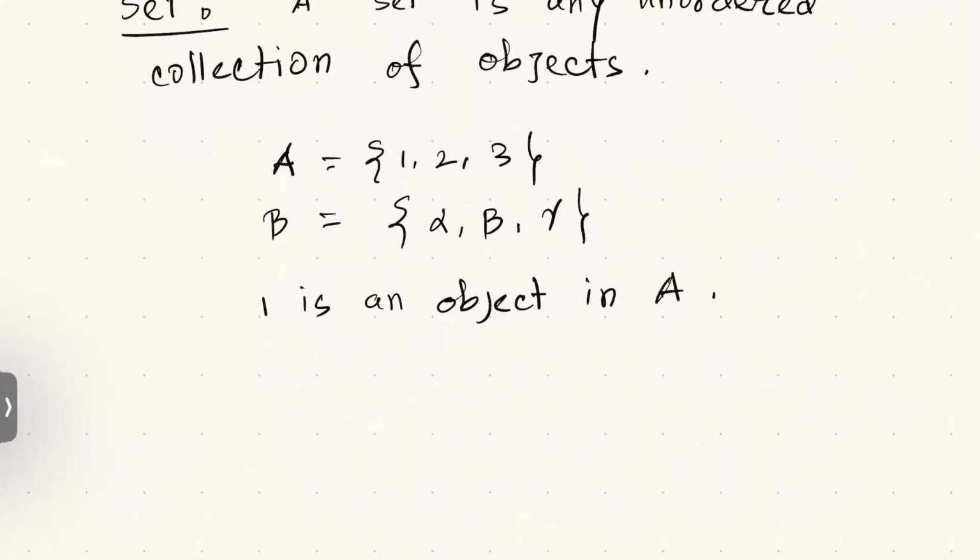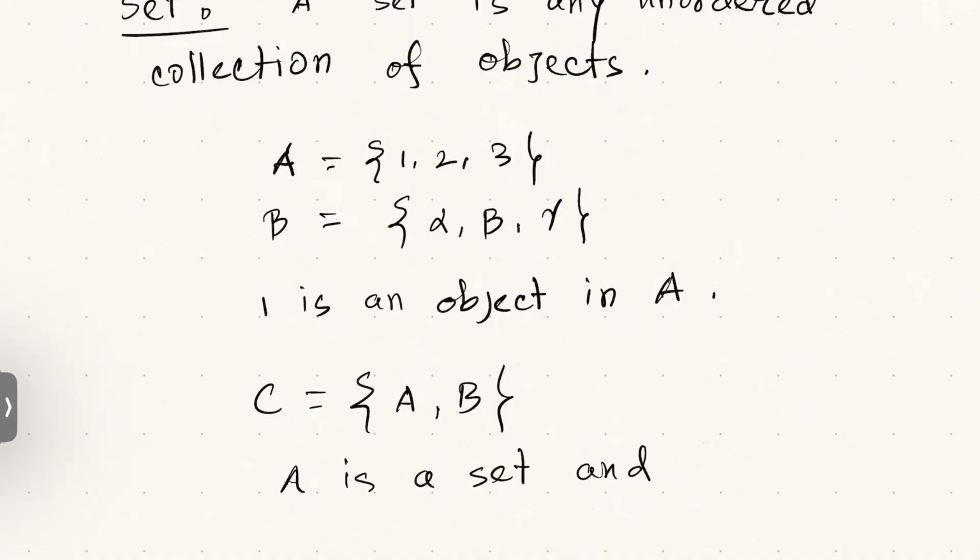Can a set be an object? It can be. So I can consider a new set C, containing A and B. So A is a set and also an object.